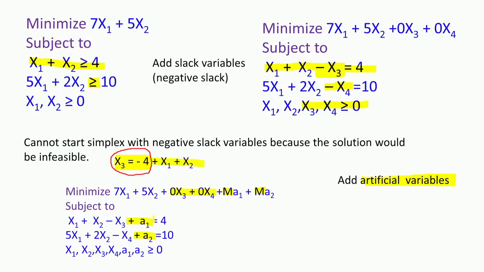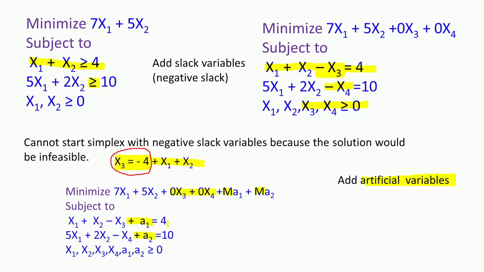If this problem has a solution, then its objective function value will be smaller compared to a solution that would involve A1 and A2. Therefore, it is likely that A1 and A2 do not come into the solution. So I have introduced A1 and A2 for the sake of starting the simplex algorithm.